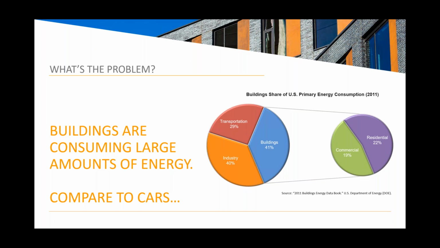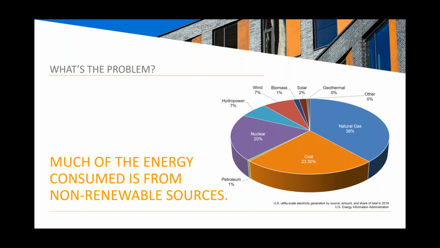So by addressing buildings, with commercial and residential buildings being 19% and 22% respectively of that 41% makeup of buildings, we're poised to make the biggest impact. Making those buildings more energy efficient and using less energy from non-renewable resources is key.